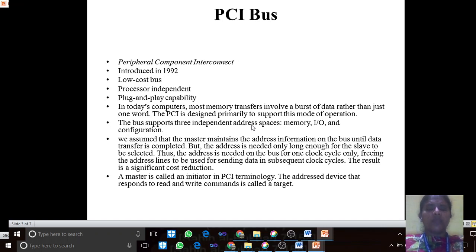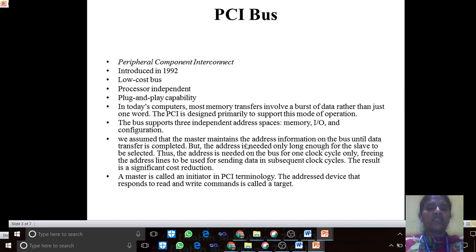We assume that the master maintains the address information on the bus until the data transfer is complete. Yes, the master is the one who initiates the data transfer over the bus. So it will retain the address until the transfer is complete. But the address is needed only long enough for the slave to be selected. As soon as the slave is selected, the master can remove the address from the address lines.